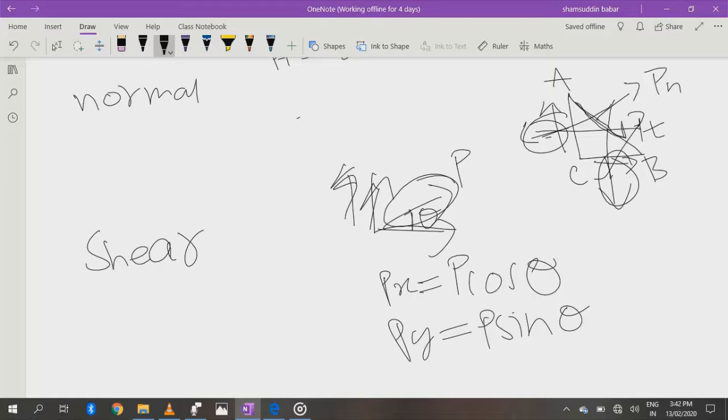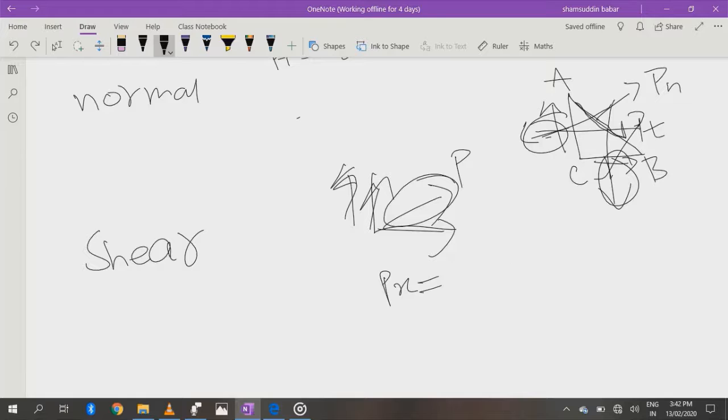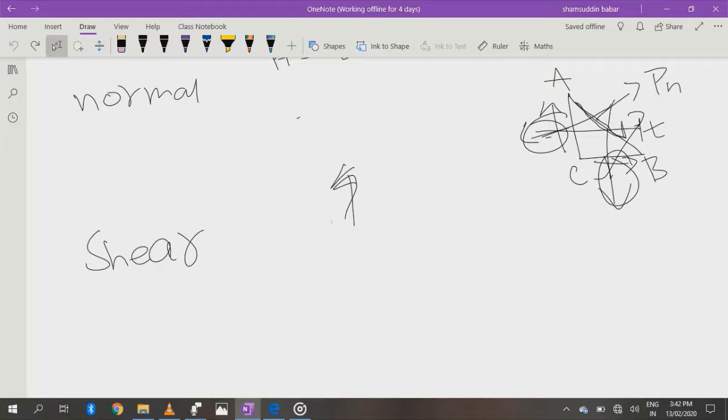So all we need to find out is which force has which component in normal and which in shear. Definitely there are two components, either in normal or shear. One will be sin theta, the other cos theta.